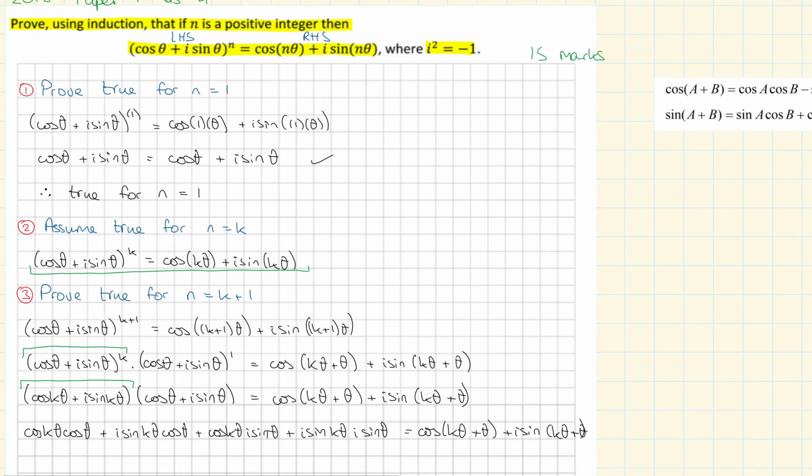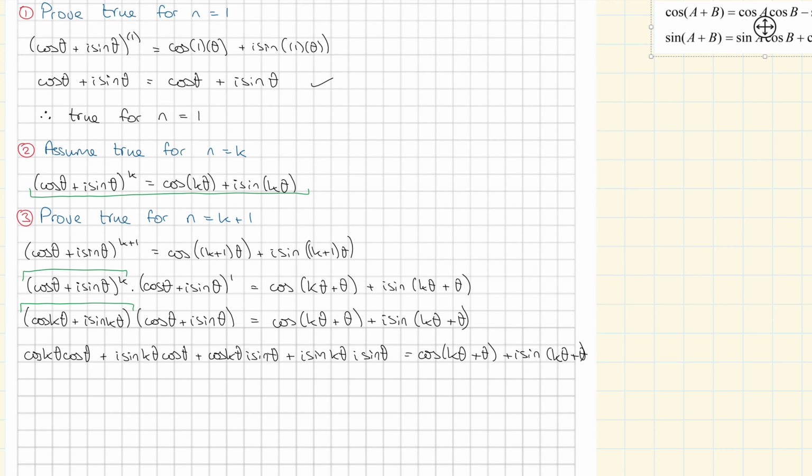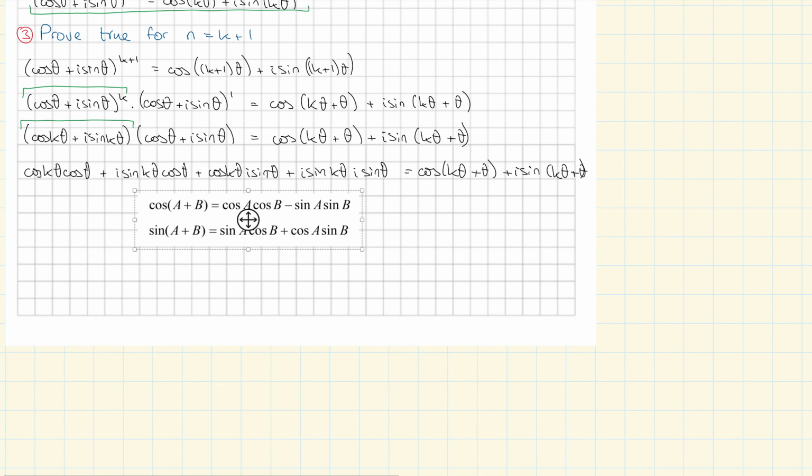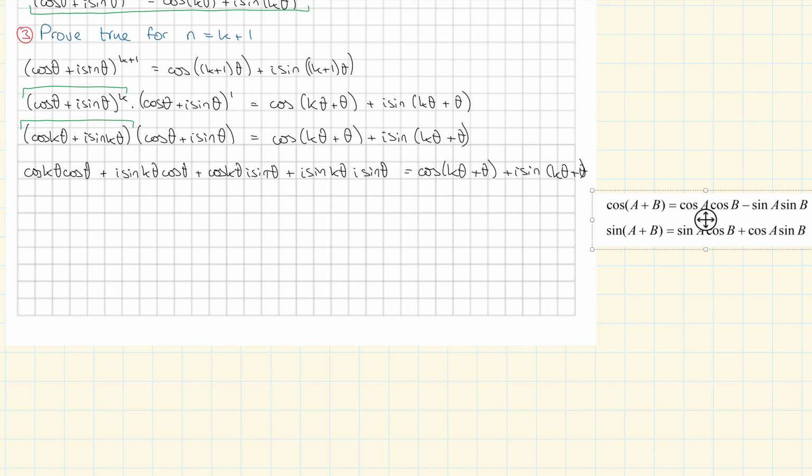Okay, so we have two parts in our log tables that we're going to use now. Bring them across here. And that tells me cos of a plus b. So what happens here is a will equal k theta and b will equal theta. So if we look here, then we're going to have cos a, cos b, and then we have a sine a, sine b.